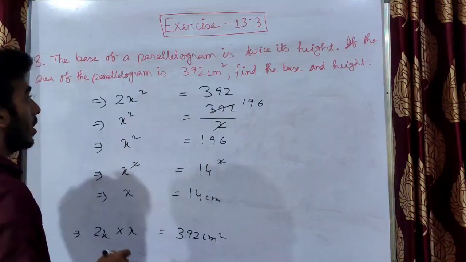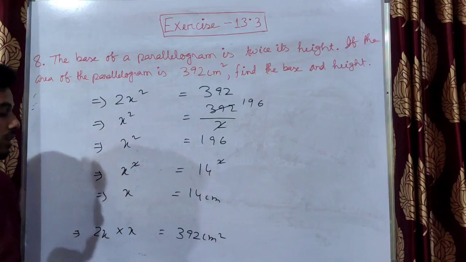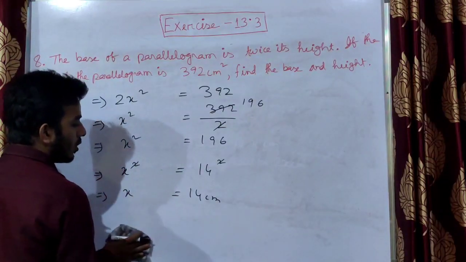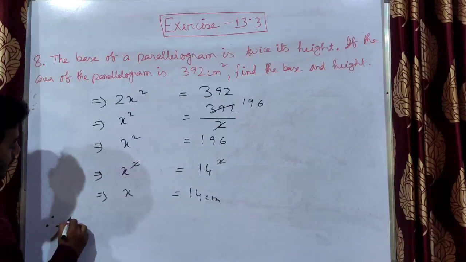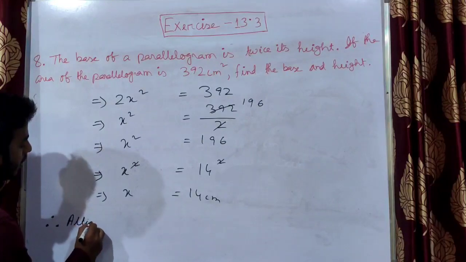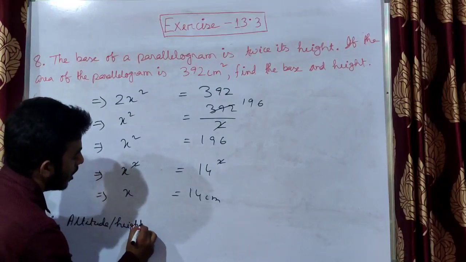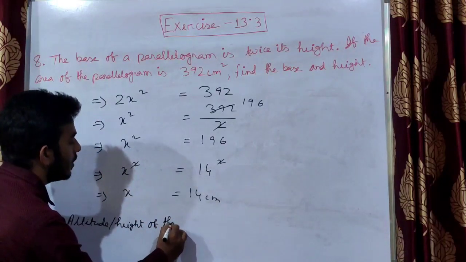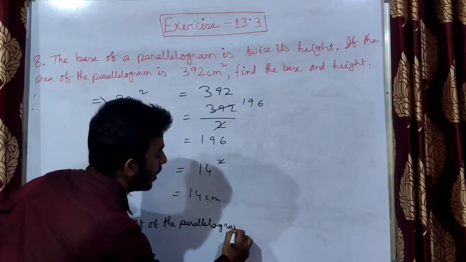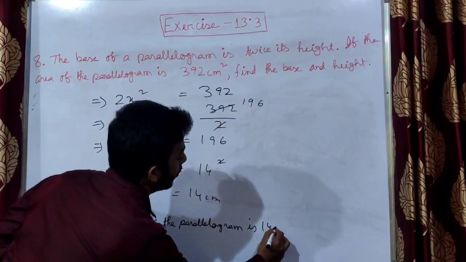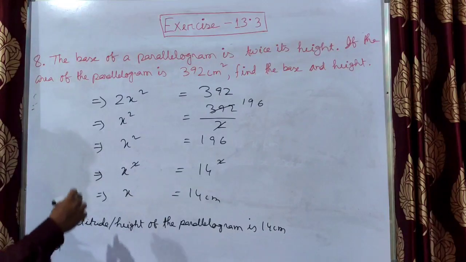That means x means what? We have considered height as x, right? So height of the parallelogram or altitude of the parallelogram will be 14 centimeter. Therefore altitude or height of the parallelogram is 14 centimeter and base is how much?